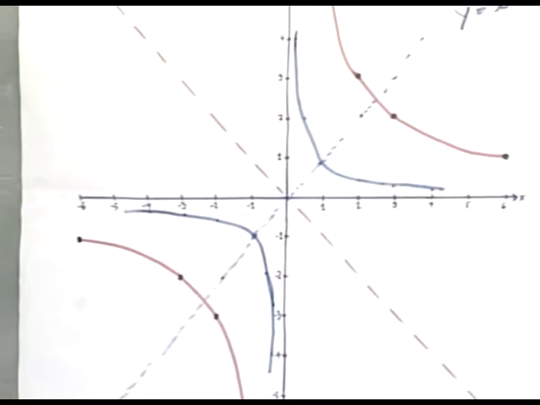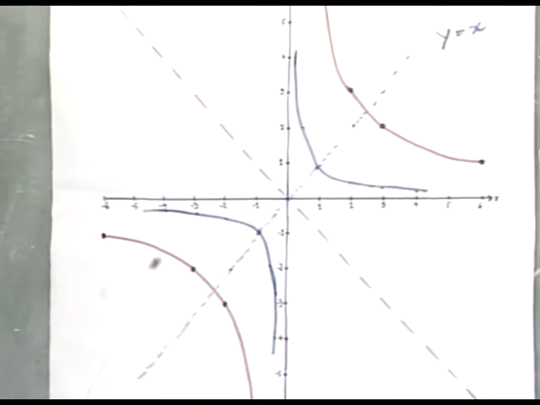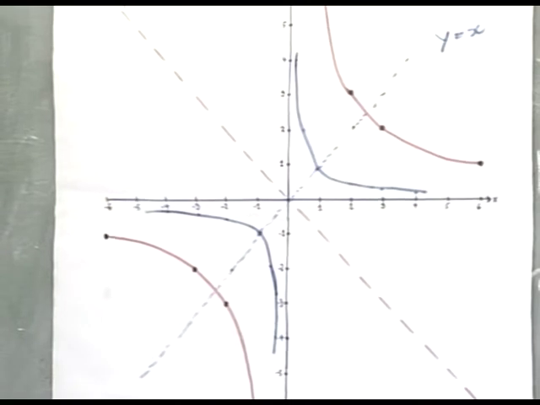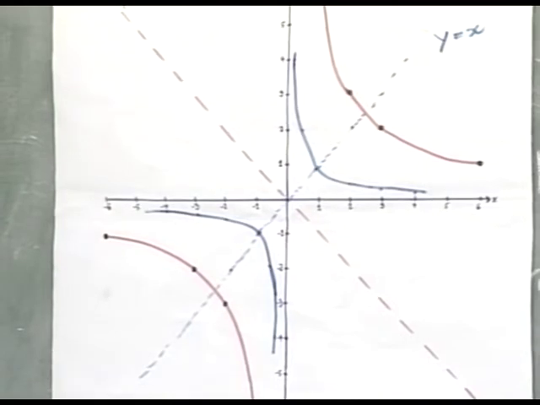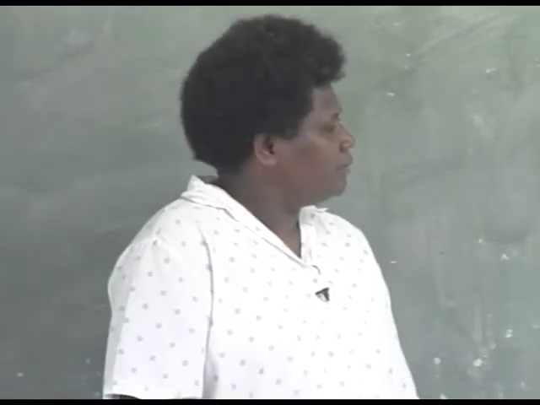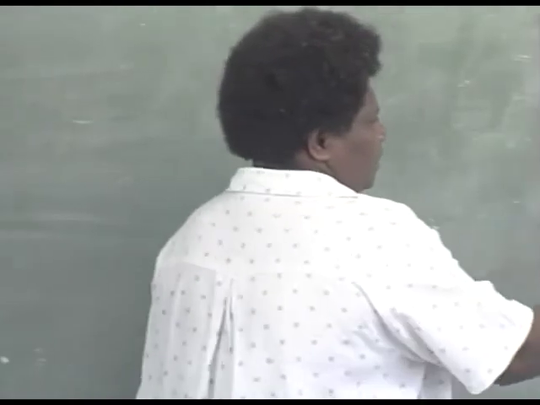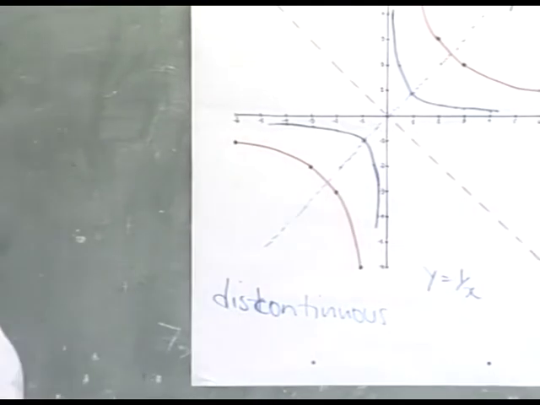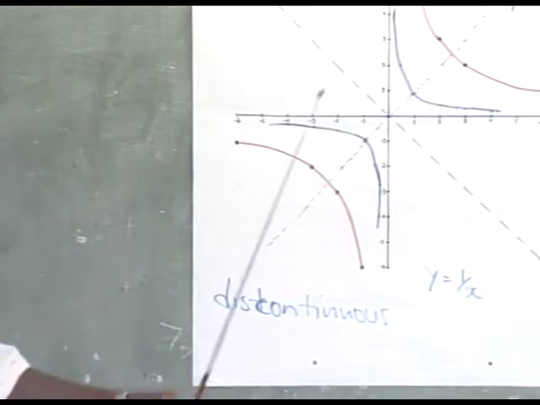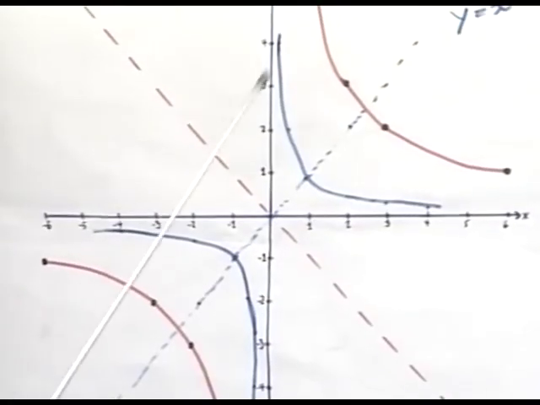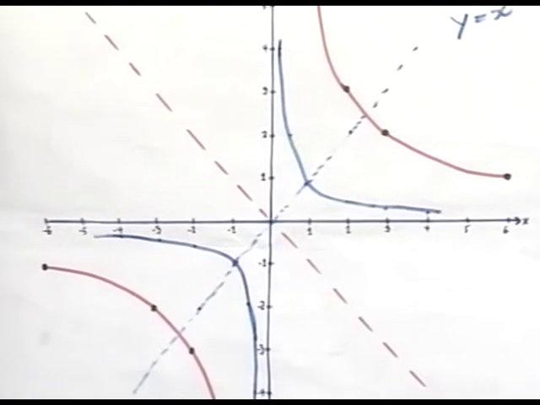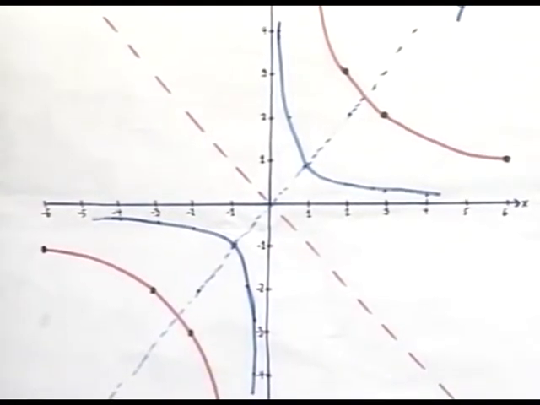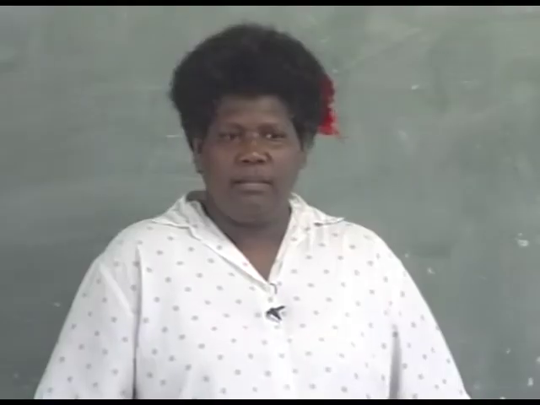Why do you think the blue one is much closer to the origin, or much closer to the x and y axis than the red one? Any idea? Yes, Pond Relay? Pastor Mike?